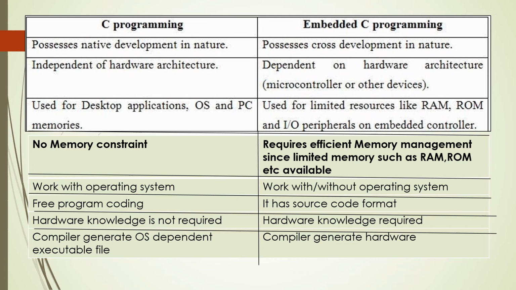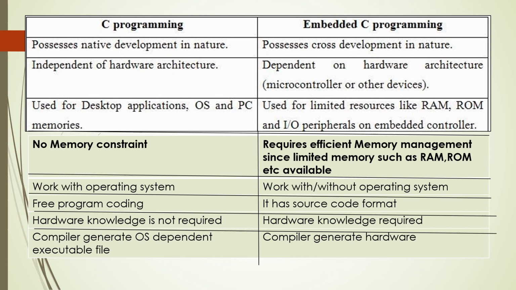Coming to the difference between C programming and embedded C programming, the major difference is that C programming possesses a native development nature, in the sense that there is only a single platform, while embedded C programming possesses cross-development nature. C programming is independent of hardware architecture, while embedded C programming is dependent on hardware architecture like the microcontroller or other devices that are used.